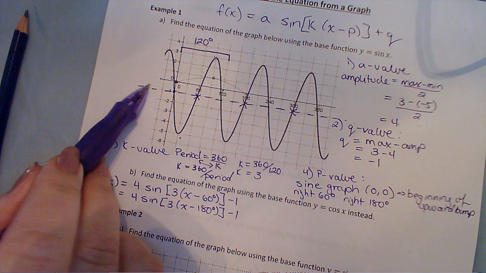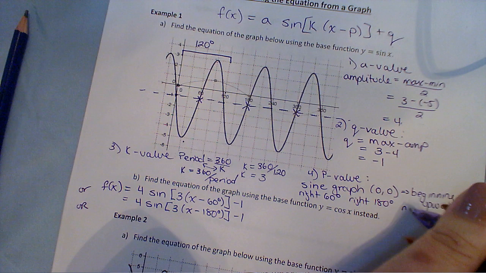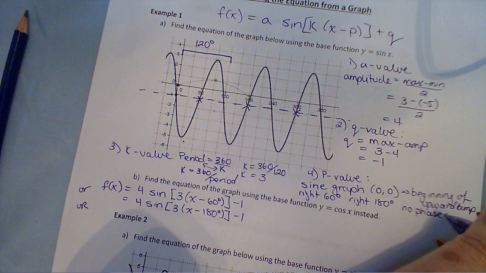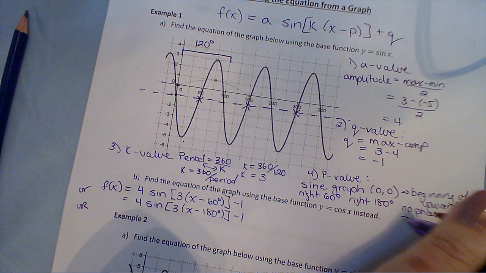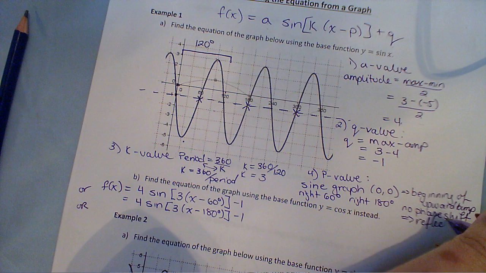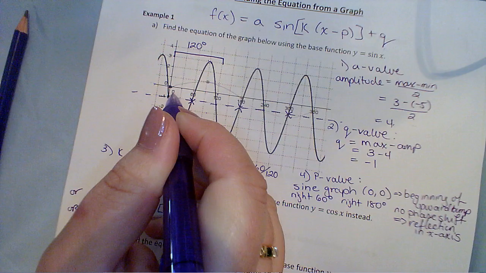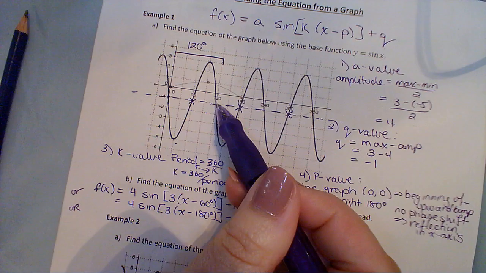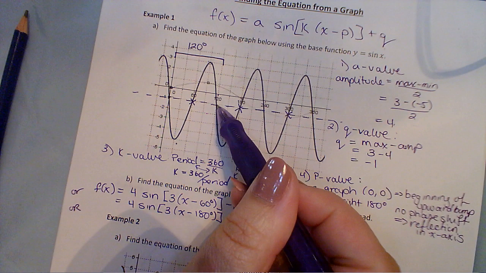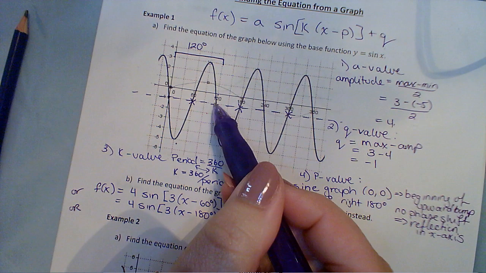If we chose no phase shift, what we have to then account for is that there was now a reflection in the x-axis, because now the bump goes down first, just like if we picked 120 degrees right, it's a reflection because it's the downward bump, then the upward bump, instead of upward first, then downward.